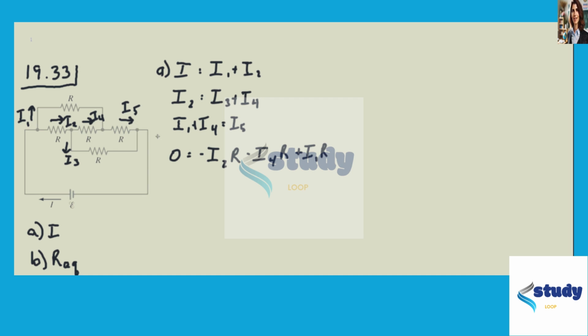We get 0 equals negative I2R minus I3R plus the EMF of the battery. So we're going all the way around there.